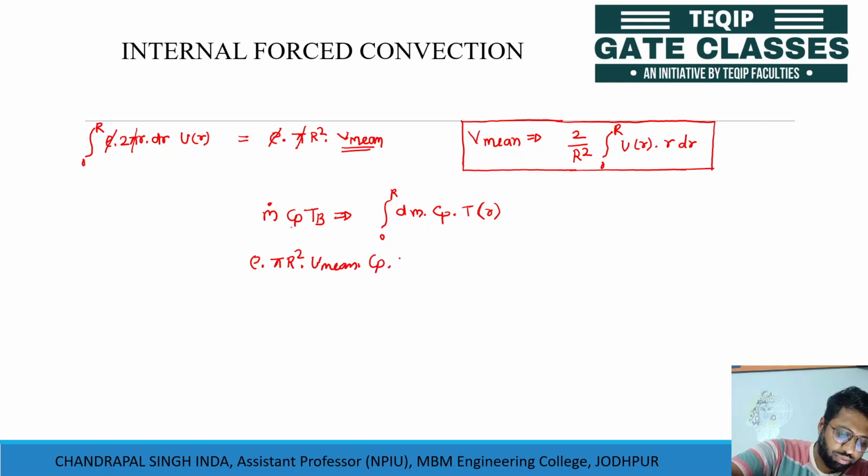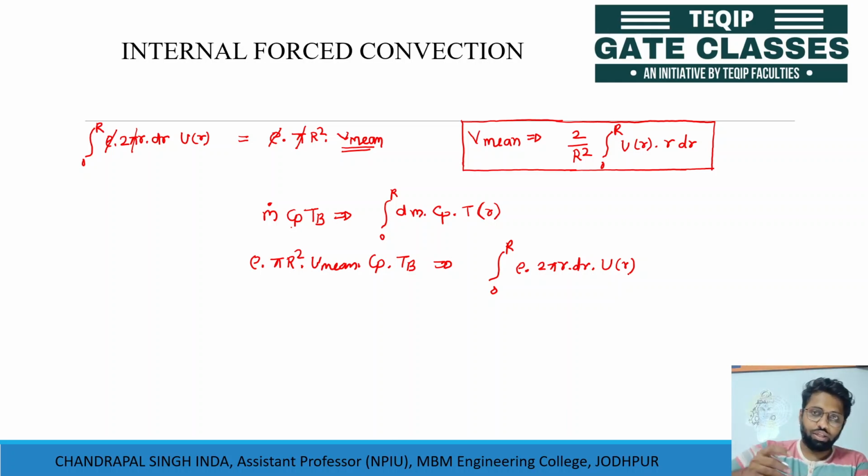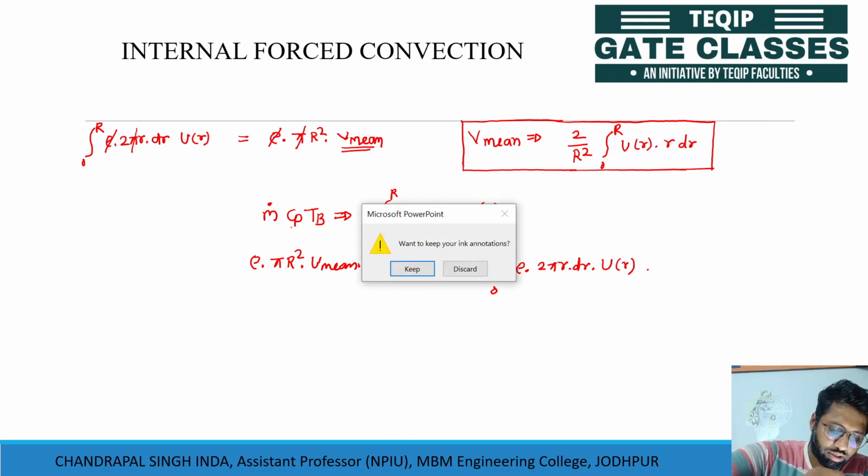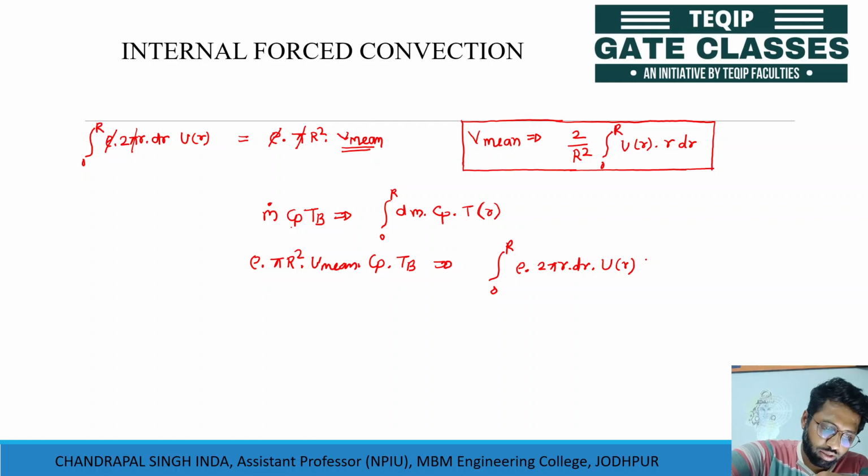Into cp into Tb, that will be equal to the integral from 0 to r, where the mass flow rate is going to be equal to rho into 2 pi r into dr multiplied by u as a function of radius, as the velocity is varying with respect to the radius, and temperature as a function of radius.